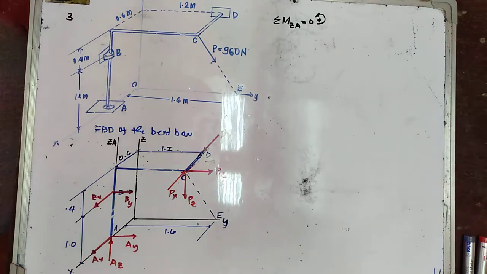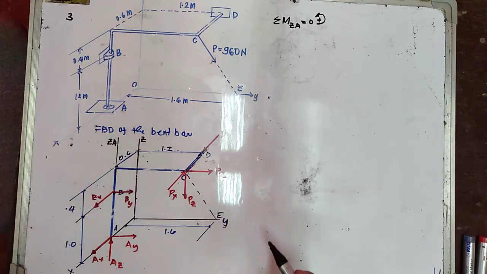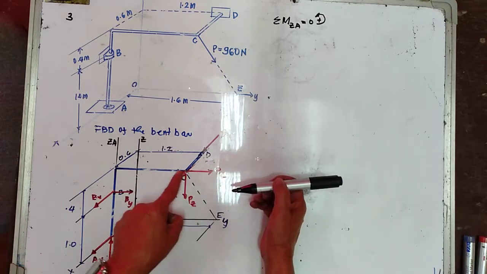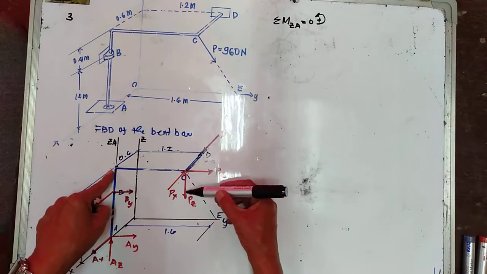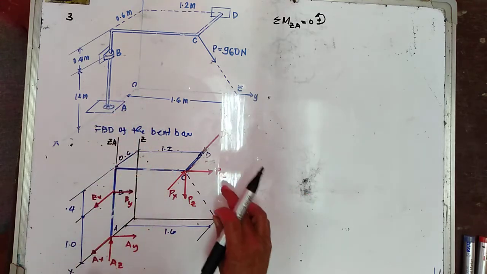So what are the forces that will have moment about this axis? AX, AY, AZ, BX, and BY have no moment because they intersect the ZA axis. Similarly, your PY has no moment because it intersects the ZA axis. PZ also has no moment because that is parallel to the Z axis.